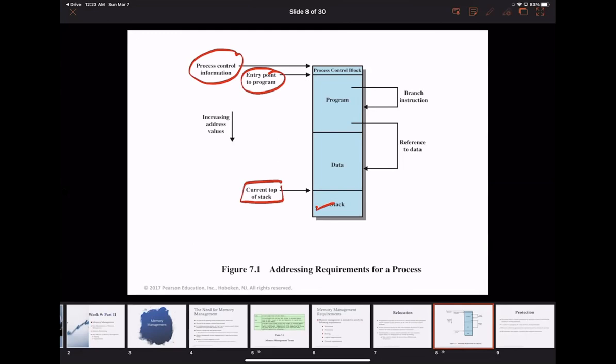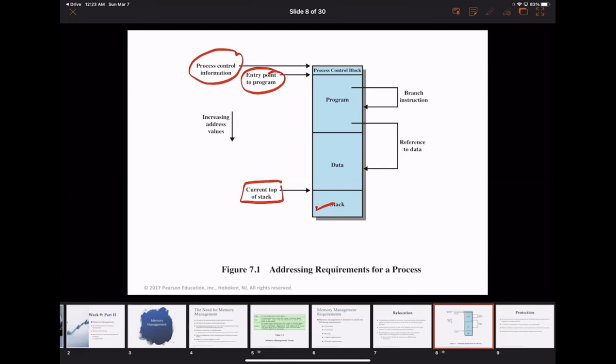Because the operating system is managing memory and is responsible for bringing this process into main memory, these addresses are easy to come by. In addition, you should be aware that the processor must deal with memory references within the program. If we have branch instructions, those instructions will contain an address to reference the instruction to be executed next, which is handled by the processor.